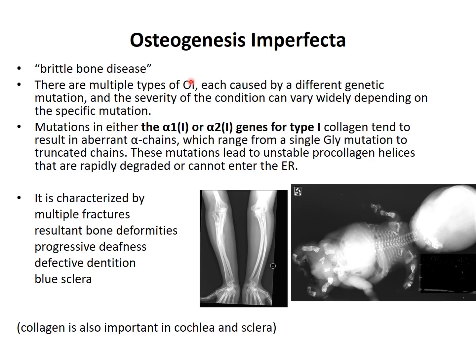Most of the OIs actually can be detected early in the fetus, characterized by multiple fractures, bone deformity, and because collagen type 1 is also present in the cochlea and the sclera, progressive deafness, blue sclera, defective dentition also are signs of some of the subtypes of OI.